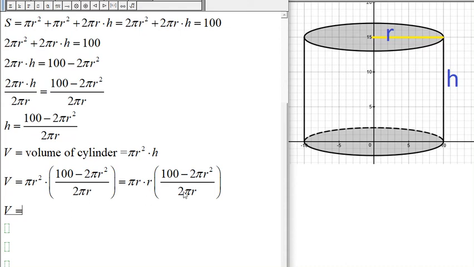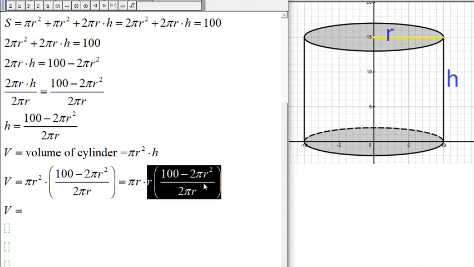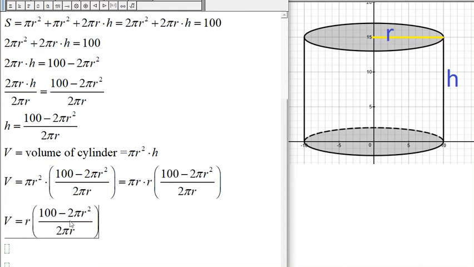We could have gotten rid of the 2 earlier: 100 divided by 2 is 50, and 2 pi r squared divided by 2 is pi r squared.